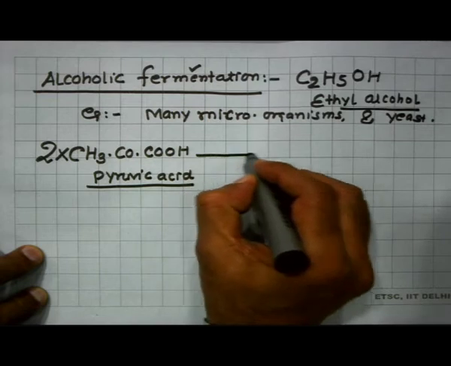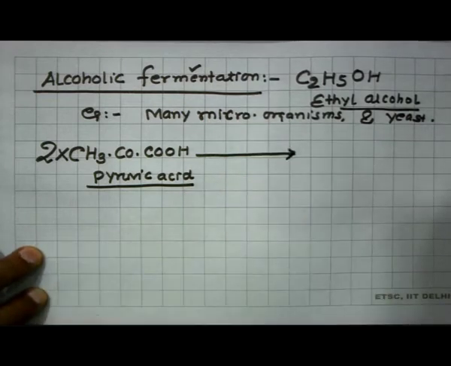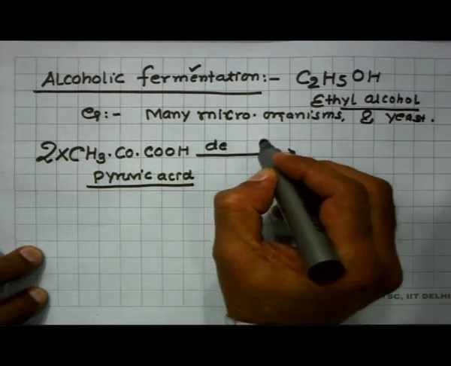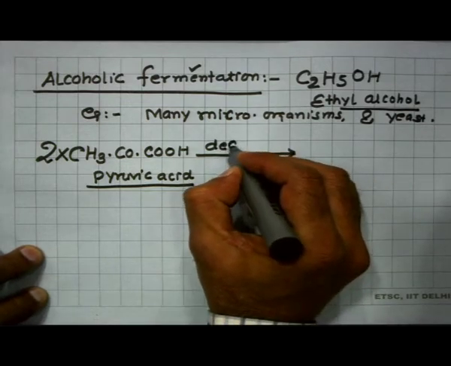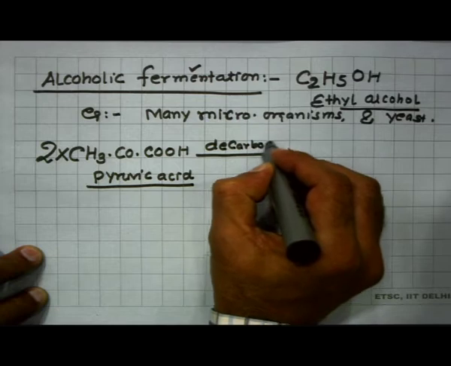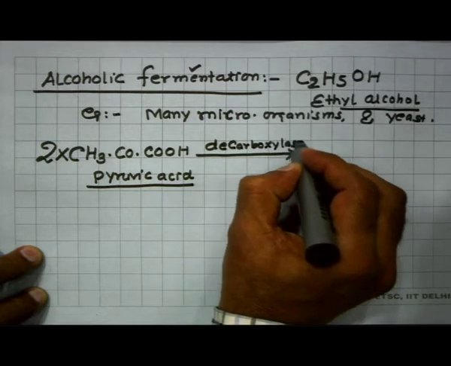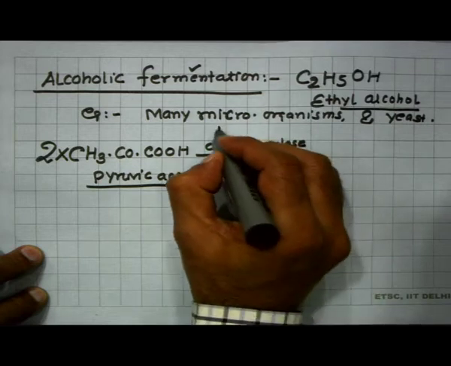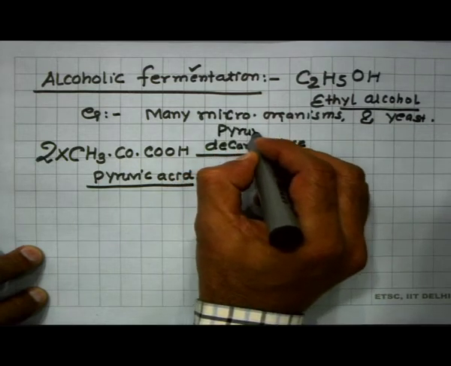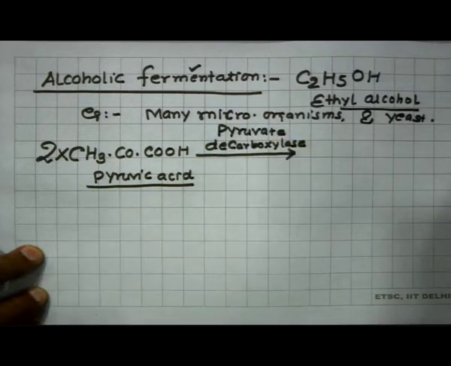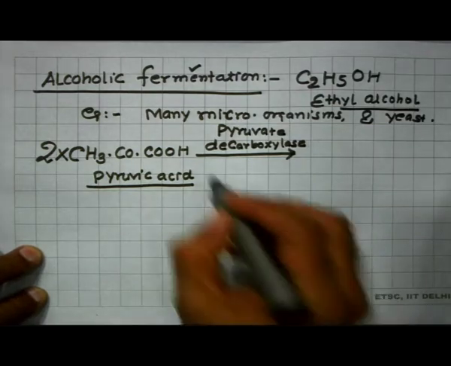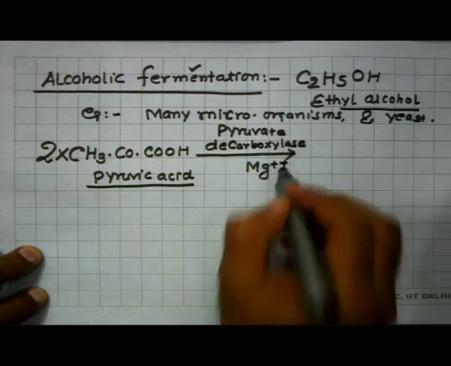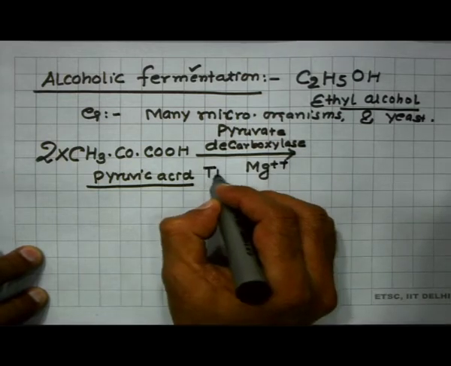It undergoes decarboxylation, so the enzyme used is called decarboxylase. Here the substrate is pyruvic acid, so we can say pyruvate decarboxylase. It needs activators like Mg++ and TPP.